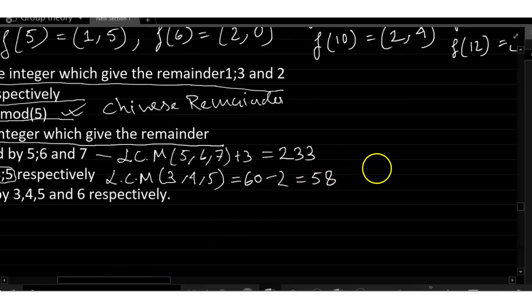Because 3 minus 1 equals 2 and 4 minus 2 equals 2, so it is 58.